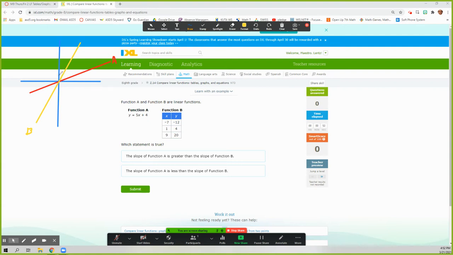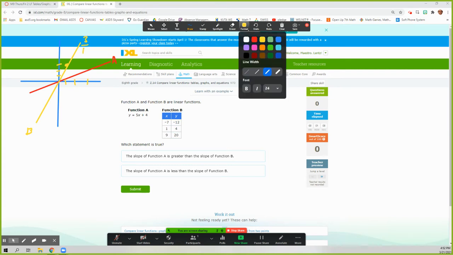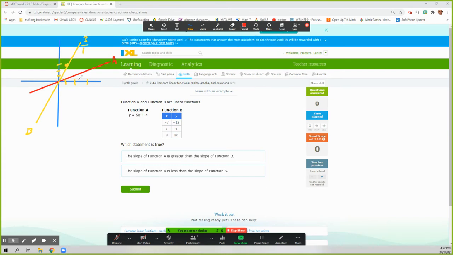This would be like saying I had a slope of, 1, 2, 3 over 1, 2, 3. I didn't make an exact one, but let's just say my slope was up 3 over 1, whereas line A is more like up 1 over 2.